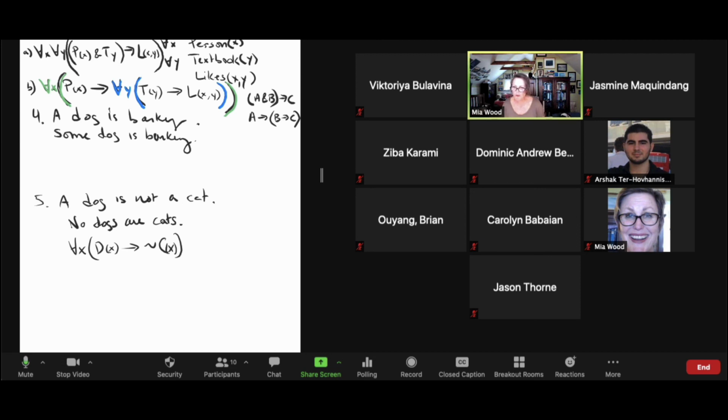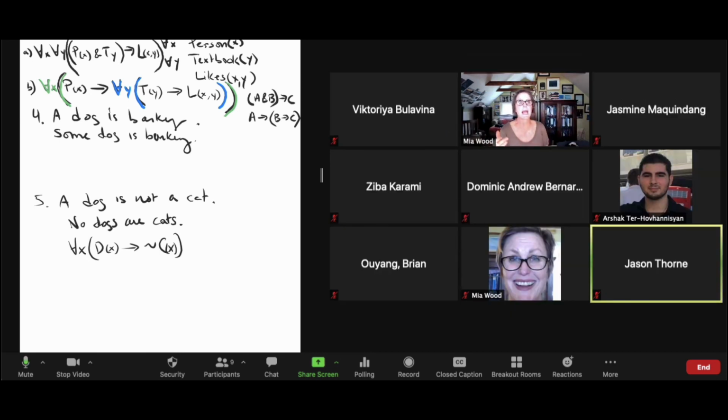And now Victoria, for 4, everything is great, but you've used an arrow. So we can talk more about why we want to avoid using an arrow, although it can happen, but why in a standard translation we want to avoid using an arrow for an existential. So we're going to do this. Something is a dog and barking.